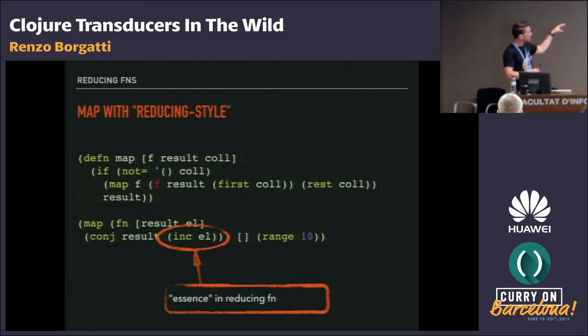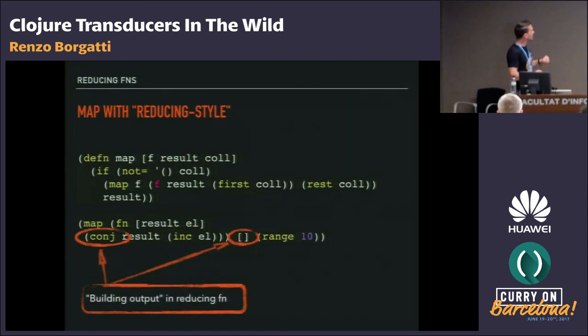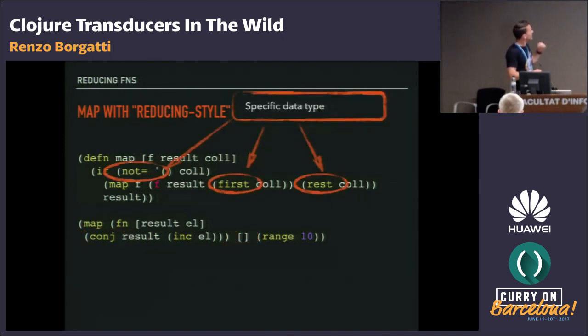So it came down, and map is above there. Building the output also came down into the caller of the function, because of the way reduce works. And the data-specific types are still inside the mapping function, what we call map there, which is a reducing function.